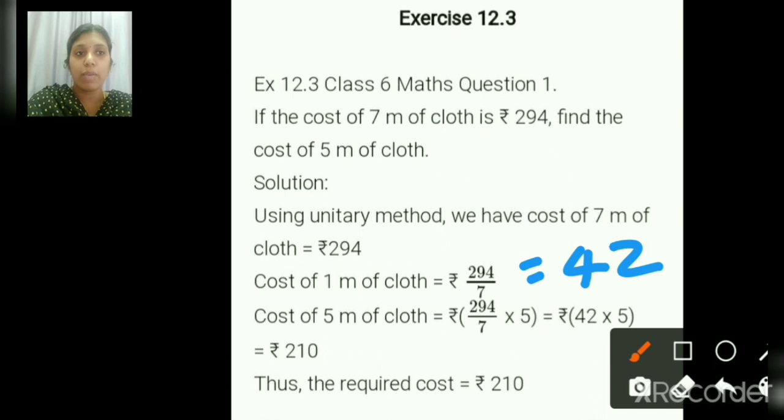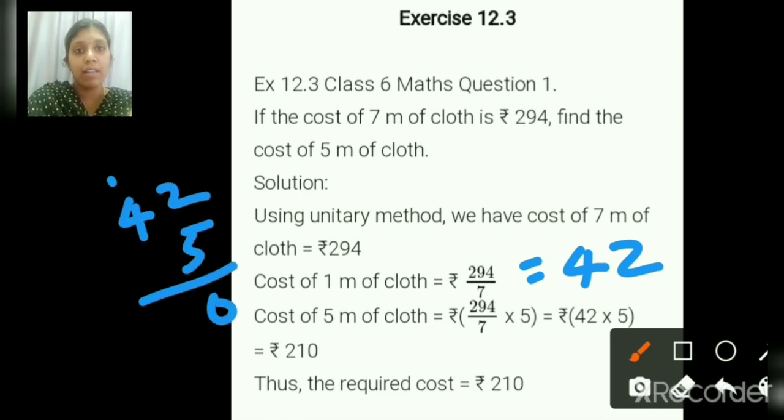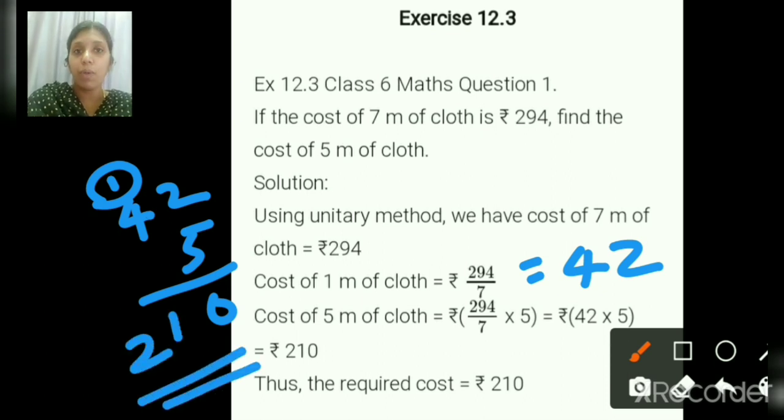Now the question is we have to find the cost of 5 meter cloth. How can we find? We have to multiply. So 42 into 5. When you multiply 42 and 5, 5 twos are 10, 5 fours are 20 plus 1, 21. So 210.